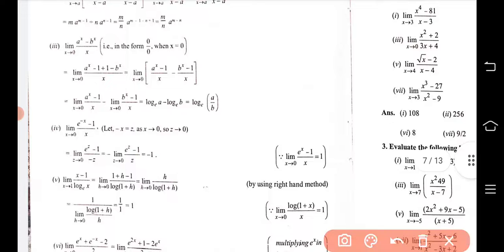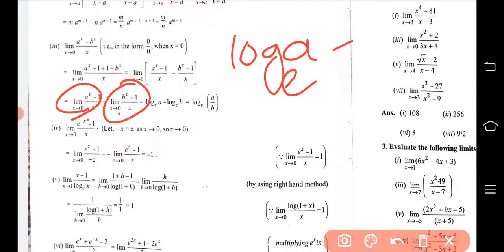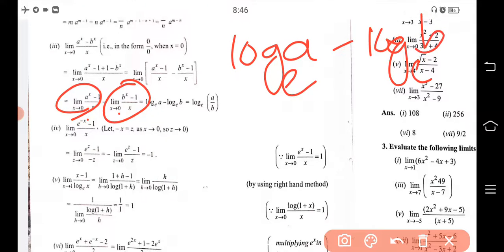After that we are going to get this limit and this limit separately. Now you put in the second formula. According to the second formula, the limit of the first term would be log base e of a, minus the limit of the second term, which would be log base e of b.